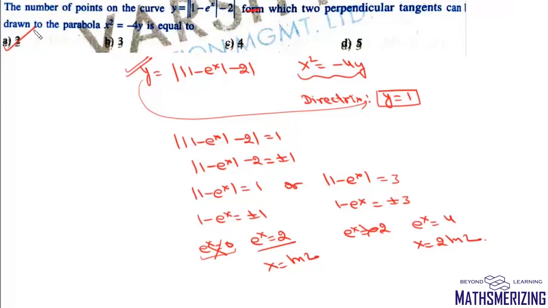Another way of solving the same question could be using graphs. So we'll start with our basic graph, which is y equals e to the power x. So that's your y equals e to the power x. Now we'll draw the graph of minus e to the power x.